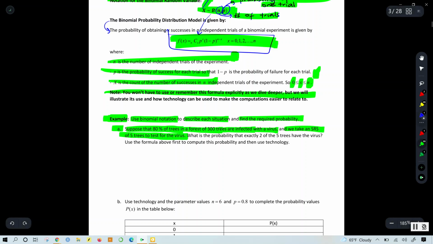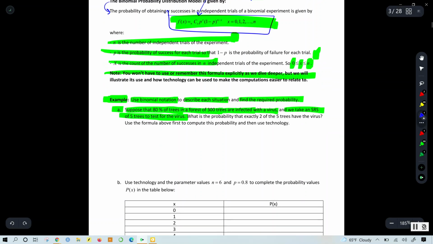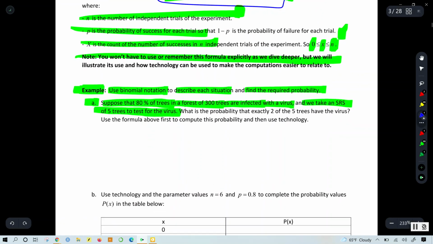Right here I can already spot how many trees I'm going to test. That will be my sample size, so my n is equal to 5. And what is the probability that a tree will be infected with the virus, from previous data evidence? It is 80% or 0.80.